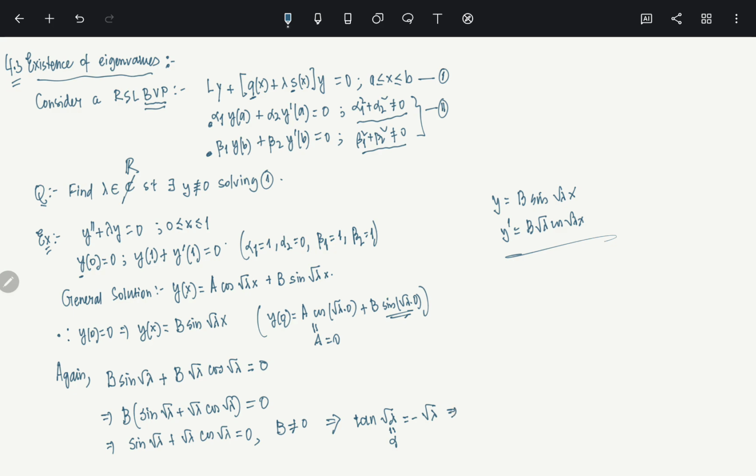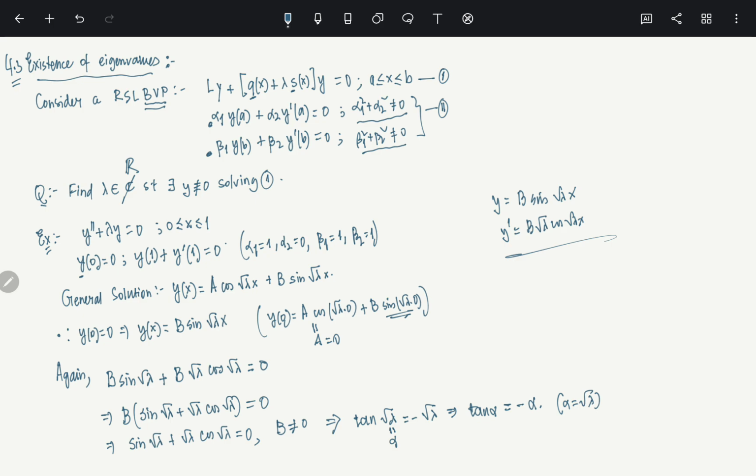So that will give me tan of alpha equals minus alpha. Now this is the equation. So here alpha is root lambda.